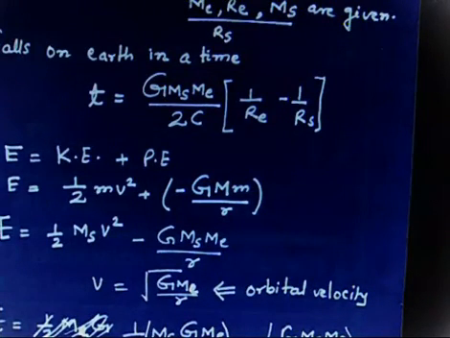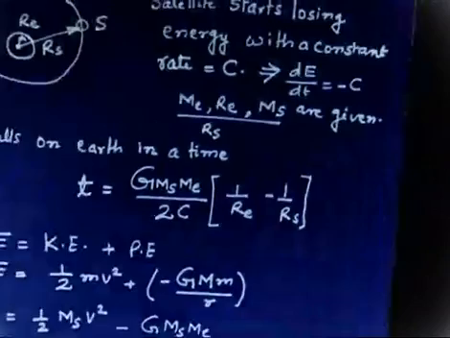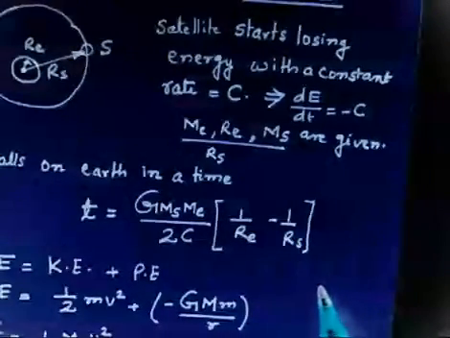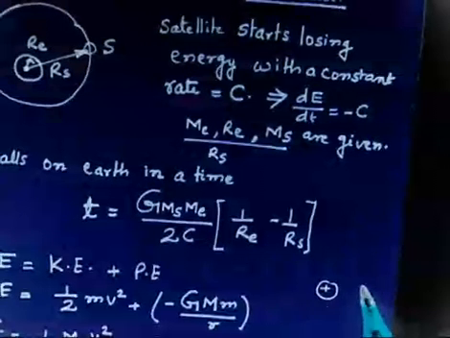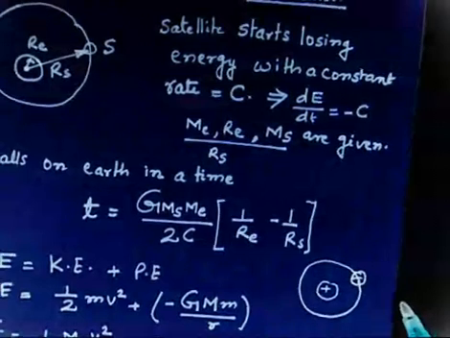Now see, this is related to the experiment of Rutherford. If you remember the Rutherford experiment, it says the electron is moving around the positive charge nucleus, and this radiates energy.